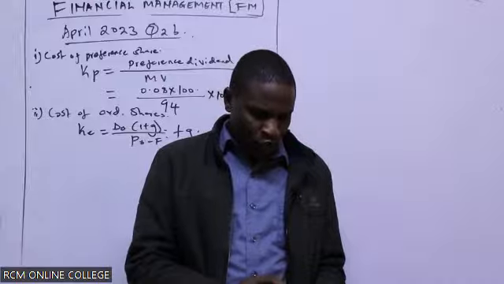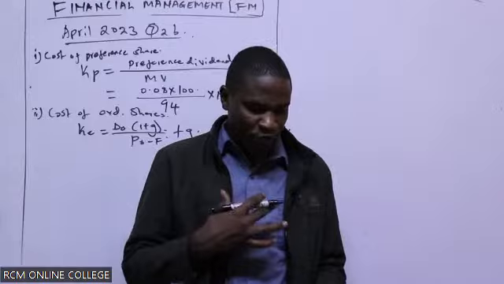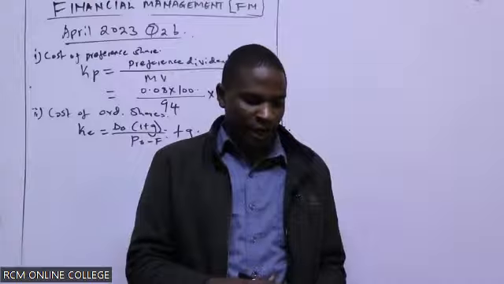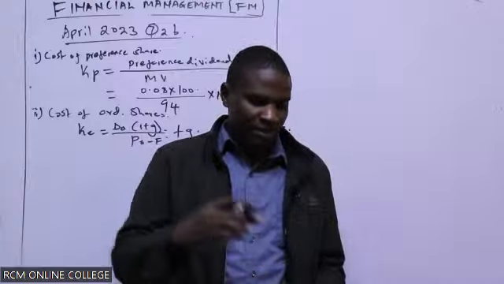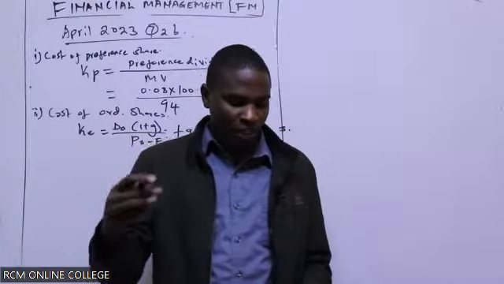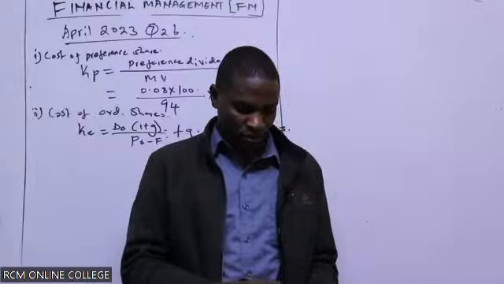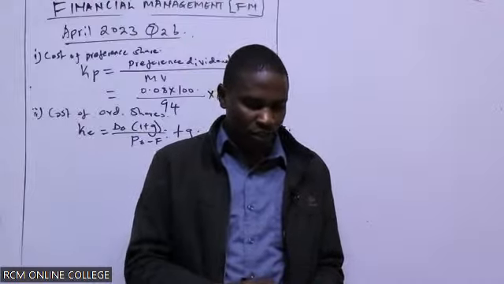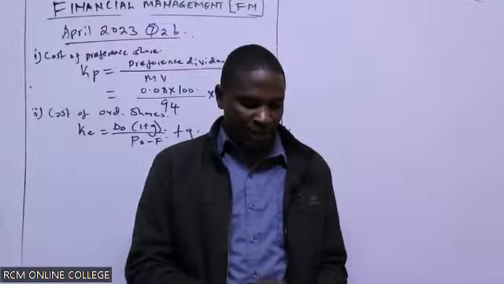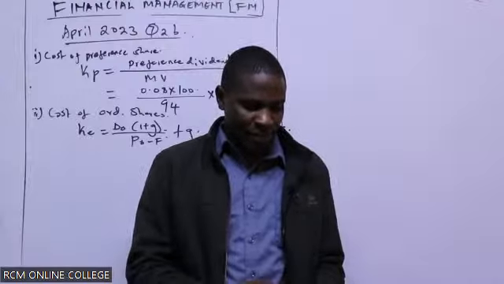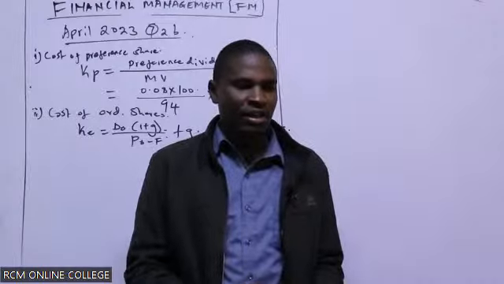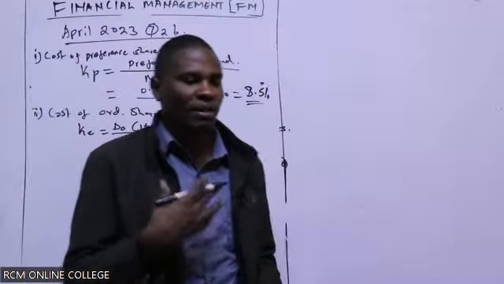I go to the additional information where they are giving me information regarding the ordinary share. I'm told that last year's dividend amounted to 3 million, which was 70% of the net earnings. The company expects this dividend to grow at a rate of 6%. Now, at least, I have started getting some relief.